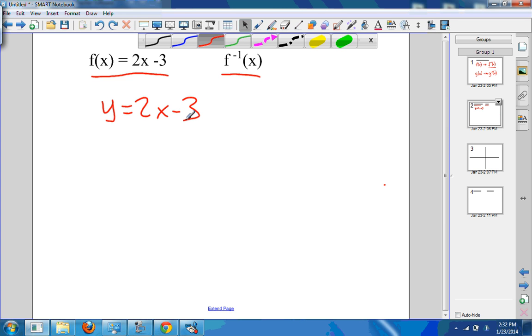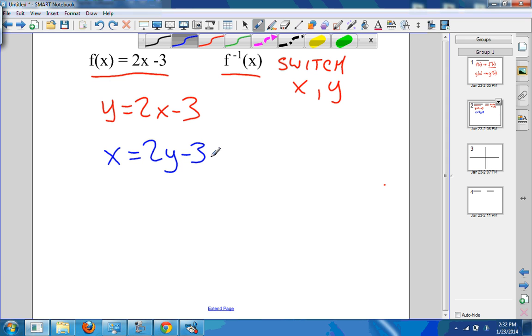What I mean is put the x's where the y's are and the y's where the x's are. So I'll write this out as x equals 2y minus 3. See how we just switched the x's and the y's?